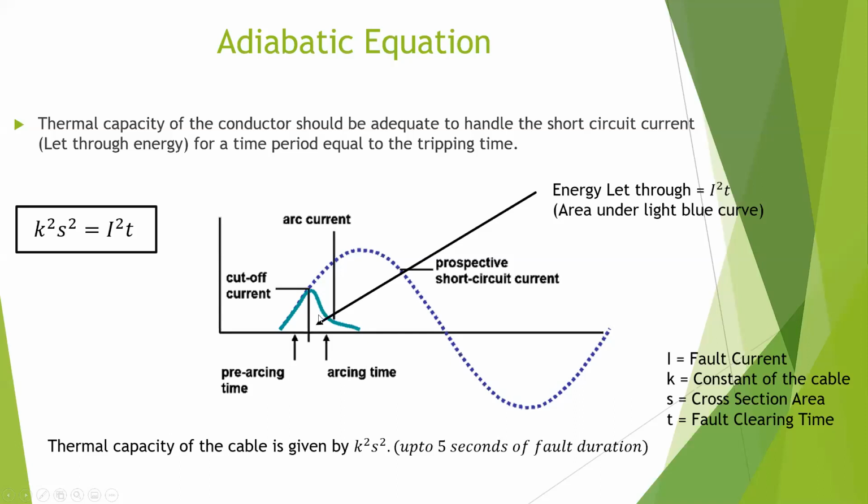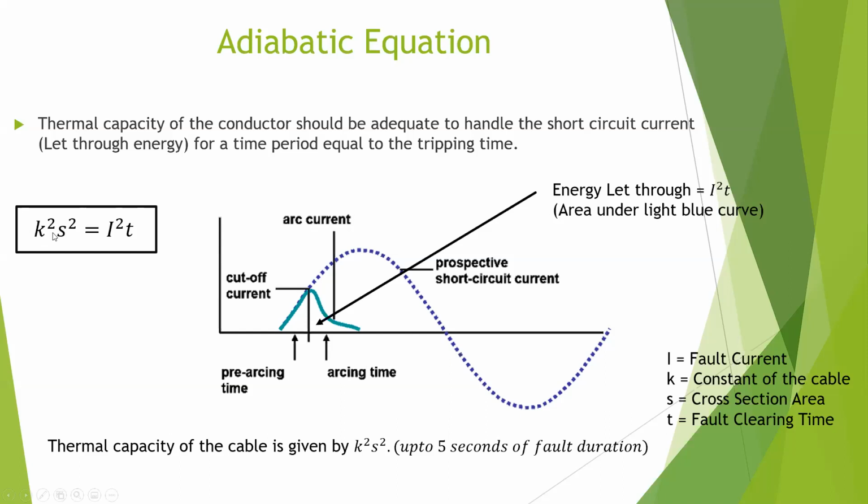In this arcing time, there will also be a current flow through the arc. The area under this blue curve is the energy passed to the conductor during the tripping time. This is called energy let through, and this is equated to I squared T. That is the energy released by the short circuit in the system.